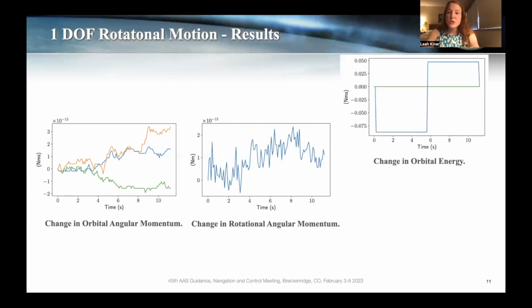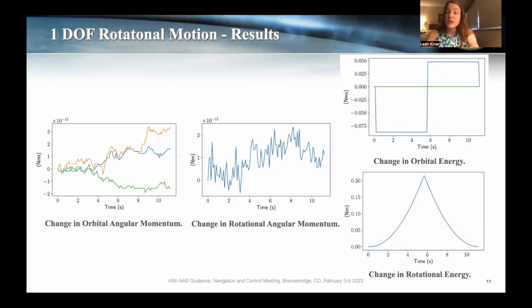And then we also have our change in our orbital energy and our rotational energy. We aren't expecting our rotational energy to be conserved because we're essentially adding energy into our system when we're accelerating positively, and then we're removing energy when we are decelerating. However, we are expecting our orbital energy to be conserved. Here, our axes are not on the order of 10 to the negative 15.